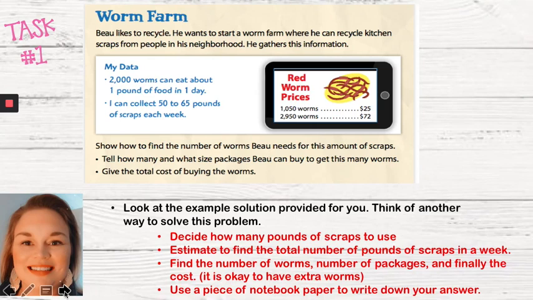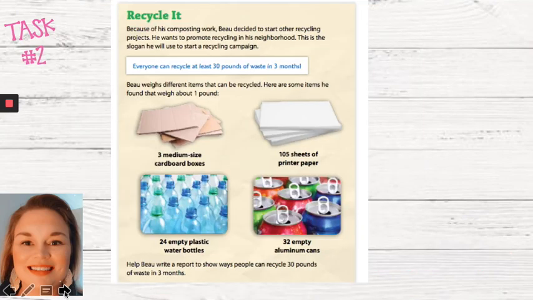Estimate means rounding to find the total number of pounds of scraps in a week. Find the number of worms, number of packages, and finally the cost. Remember, it's okay to have extra worms. Use a piece of notebook paper to write down your answer. Hopefully that sets you up for success on finding a solution for task 1.